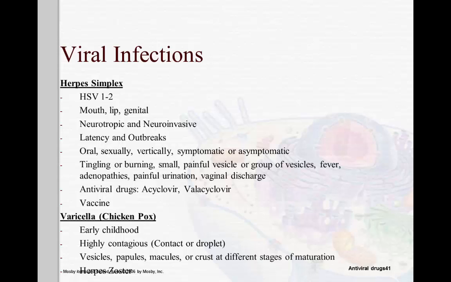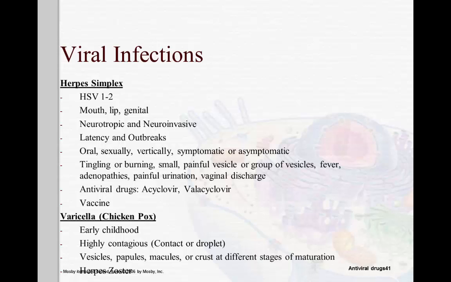Then let's talk about chickenpox. This is also a herpes virus, most commonly an acute systemic infection produced in childhood if you're not vaccinated. But it could also be present in adolescence and early adulthood, although it's rare.